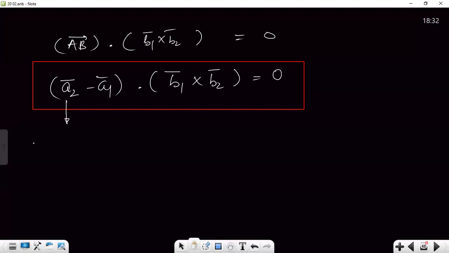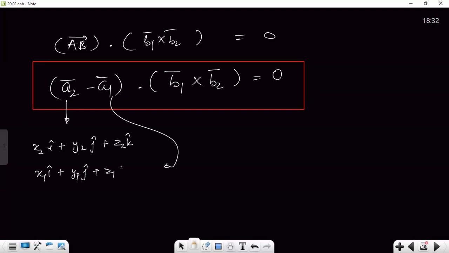So it was x2 i cap plus y2 j cap plus z2 k cap. a1 vector will be x1 i cap plus y1 j cap plus z1 k cap. b1 vector is the direction ratios of line 1. Direction ratios are given in the form of a1, b1, c1. We have discussed them. And b2 vector likewise.